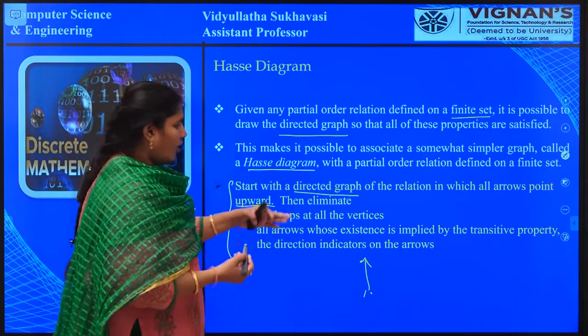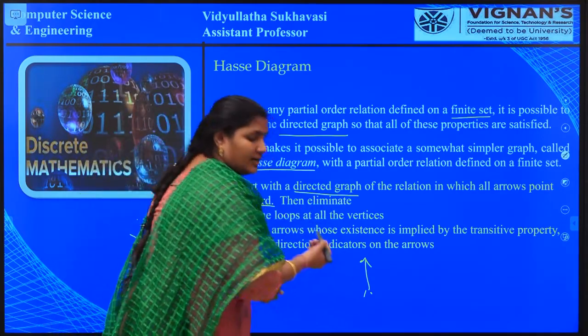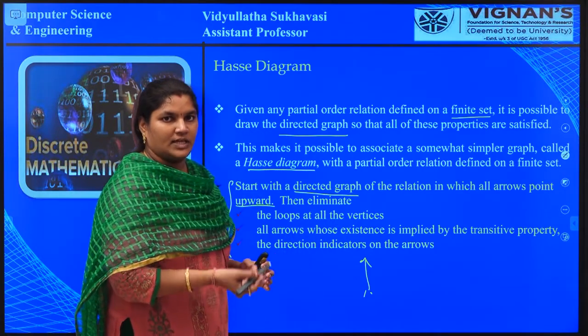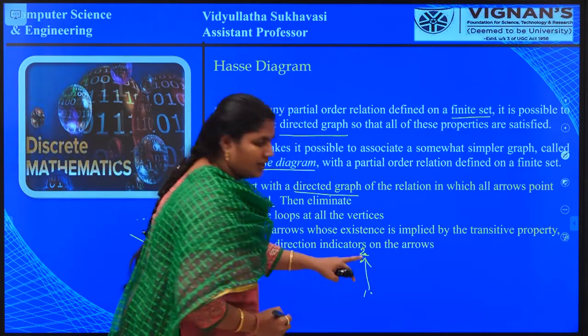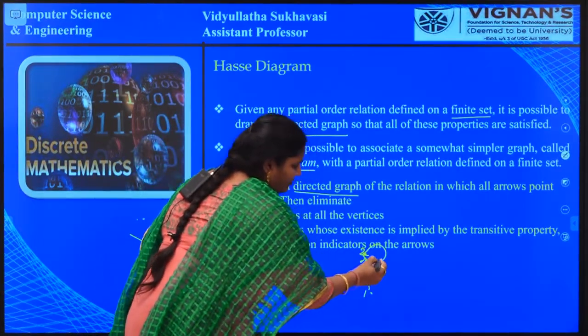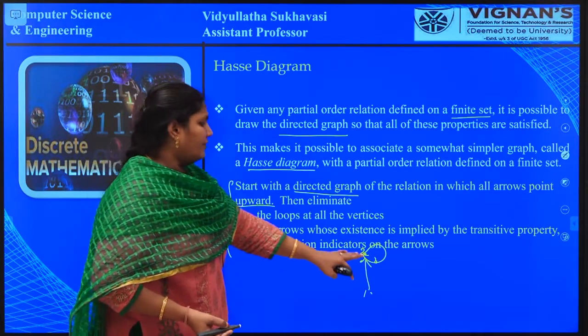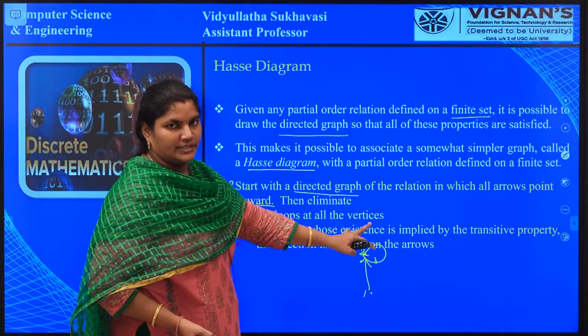When you are representing the directed graph, there is a chance to get loops, for example at node 2. So as a second step, we need to remove the loops for the vertices.